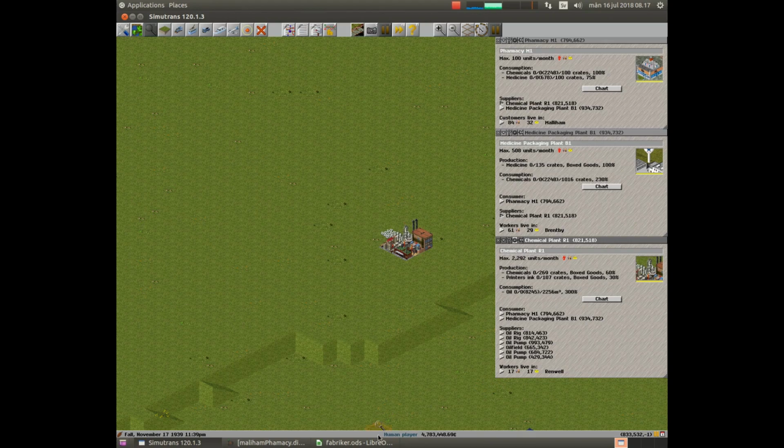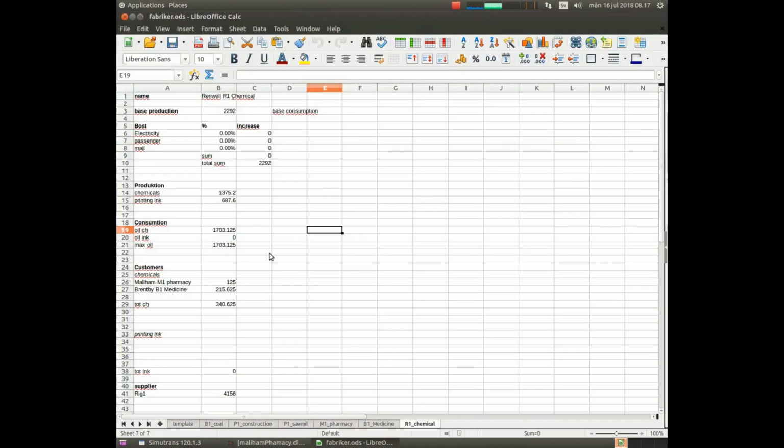Okay, calculation. Because they have two products, we need to calculate the oil consumption for each product. For chemical, the oil consumption is the need of chemical divided by 60 multiplied by 3. But out of this oil we also make printing ink.